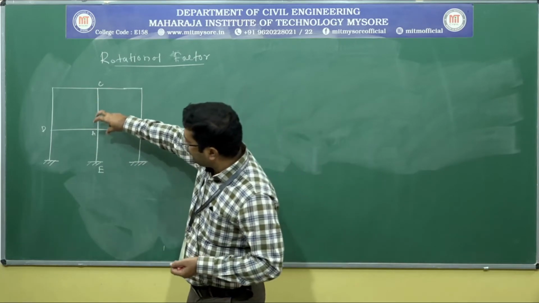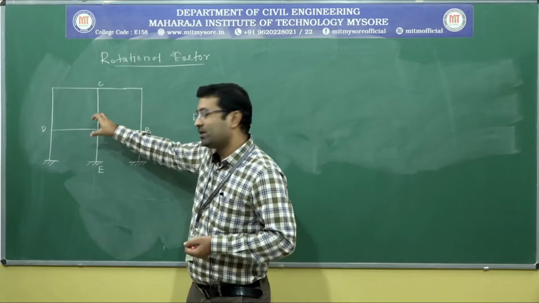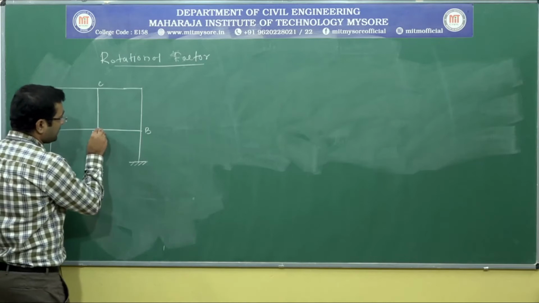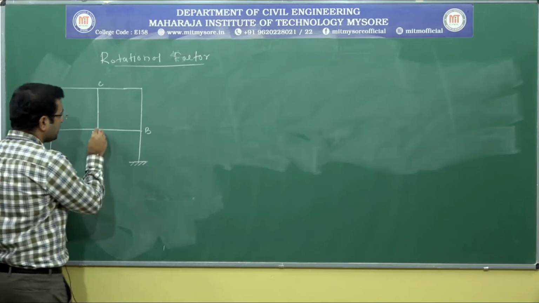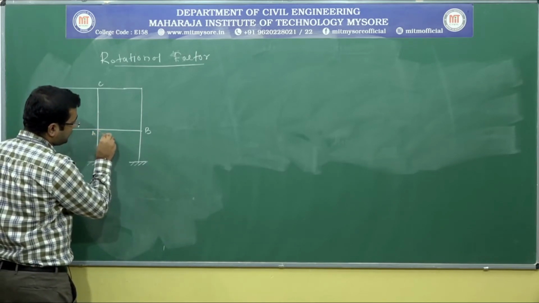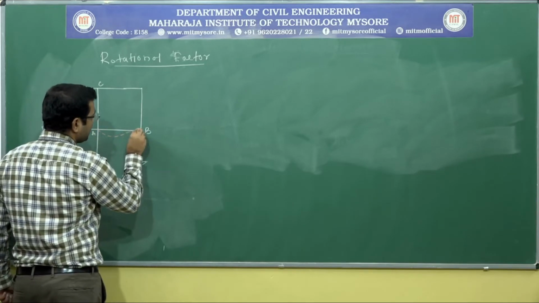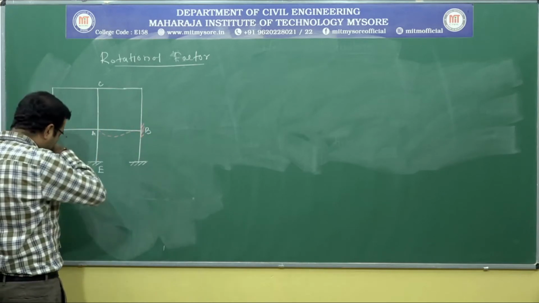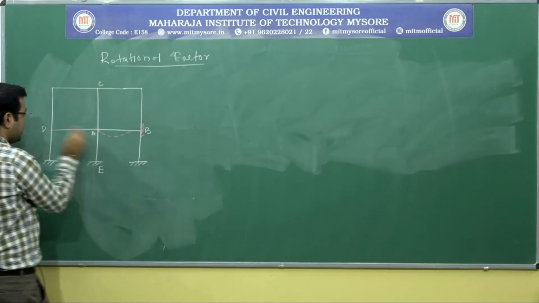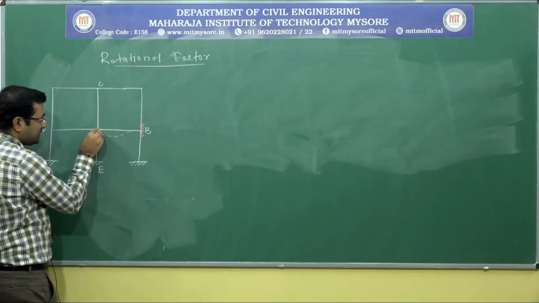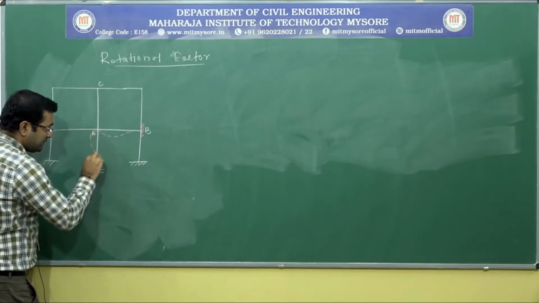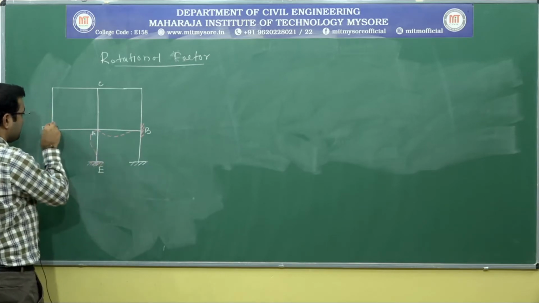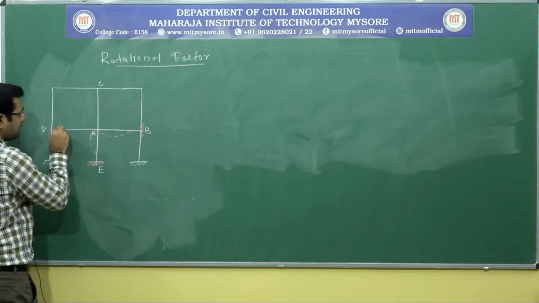If I assume the joint A has undergone a rotation by 1 unit, then the deflected shape of the beams AB, AC, AD and AE will be something like this. So, these are the end moments, so we have to consider them as fixed.